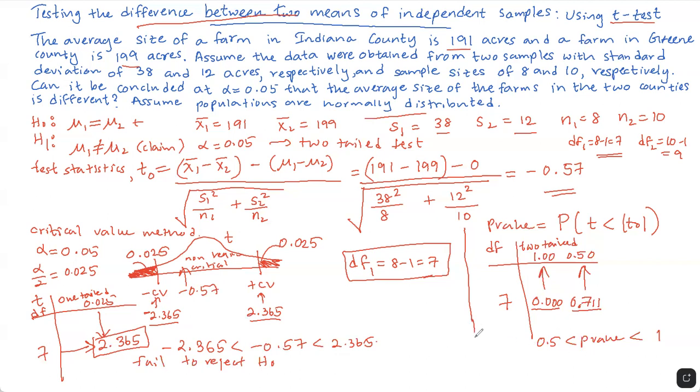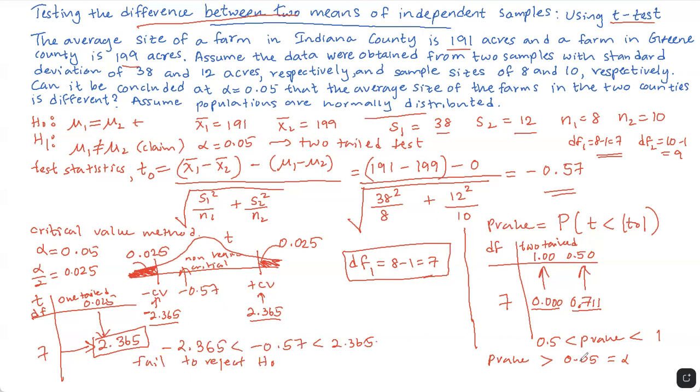And according to the p-value method, the p-value is between 0.5 and 1, so it is greater than 0.05, our alpha value.